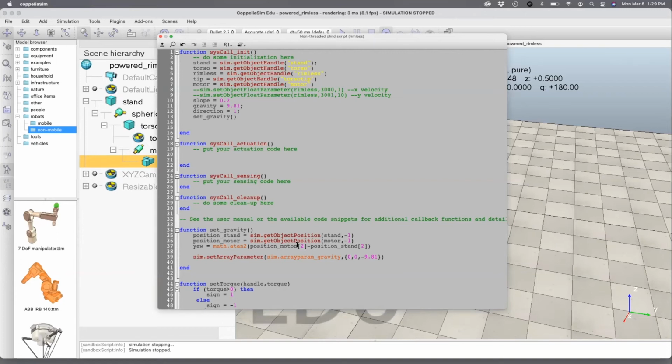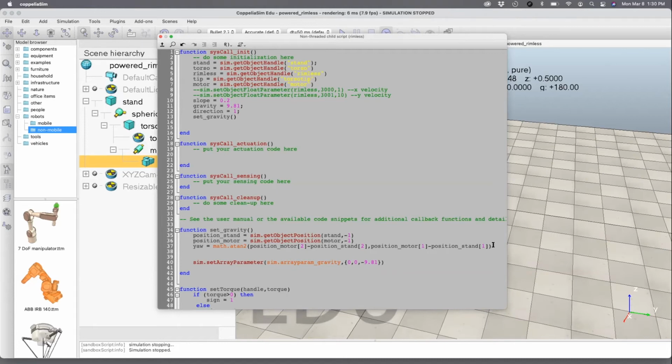So that's the y coordinates of both of these, and then I need to have the x coordinate. So just copy paste the whole thing. Okay, and that should be y comma x, or tan inverse of y divided by x. And then I need to find the gravity now.